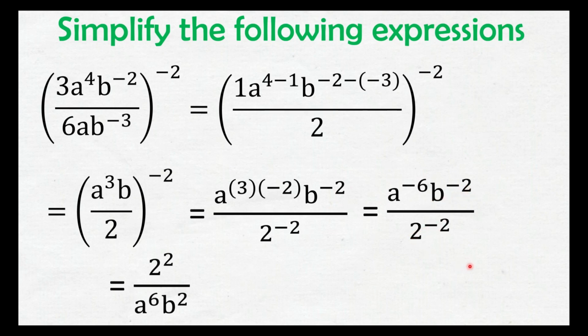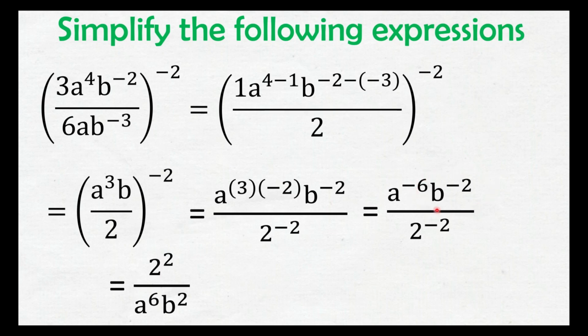So, simplify natin yan. Itong 2 raised to negative 2, since negative yung exponent niya, iakyat ko siya sa numerator. So, ito na siya, 2 raised to 2. Nawala na yung exponent natin na negative. At itong a raised to negative 6, since negative yung exponent niya, ibababa ko siya sa denominator. Kaya nakuha natin ay a raised to 6. Tapos itong b raised to negative 2, nasa numerator at yung exponent niya ay negative.